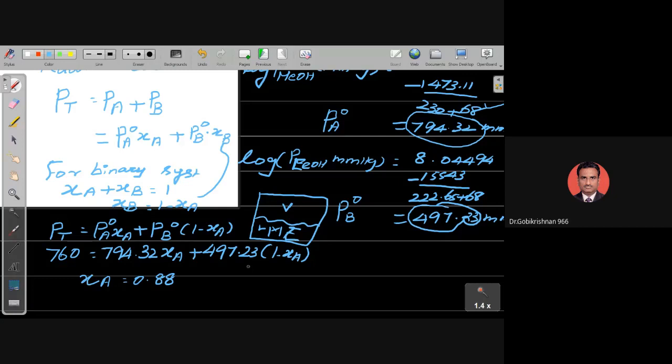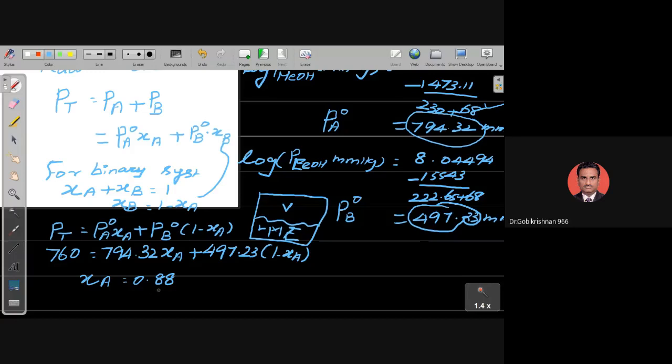I have selected a temperature of 68, which is between 65 and 78. The meaning is it is a mixture, and the mixture boils at 68 degrees. What is the composition? The composition of that mixture is methyl alcohol 88%, and the remaining 12% is ethyl alcohol.